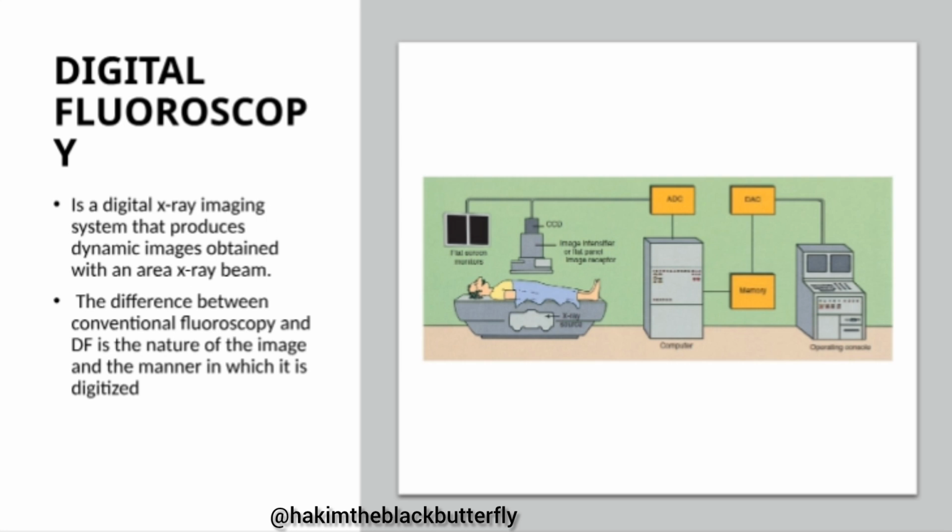Because you know that for data to be stored in a computer, it has to be digitized and then stored. Then later on, if we want to display it, we can always convert it from digital to analog, and then we can display it. Which is not the case in the conversion fluoroscopy.